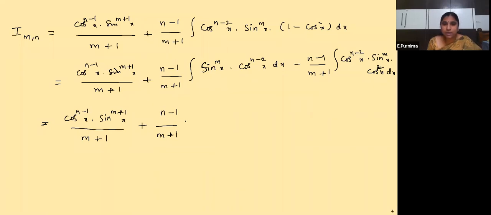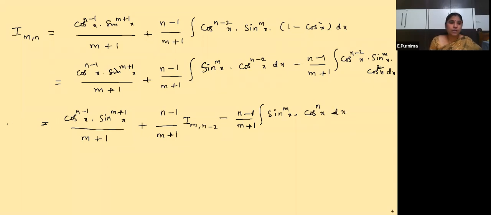So in place of n we have n minus 2, so we can write it as I_{m,n-2}. Plus minus (n-1)/(m+1) into integral sin^m x, writing first, into cos^(n-2)x into cos square. When you add the powers, minus 2 plus 2 is cancelled. We are left with cos^n x dx.